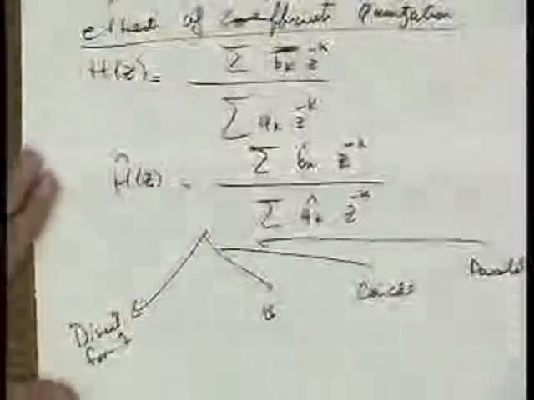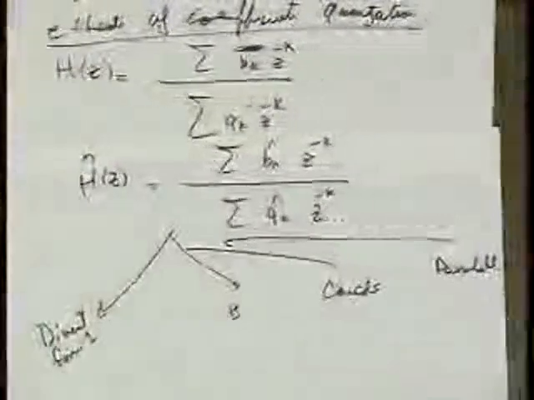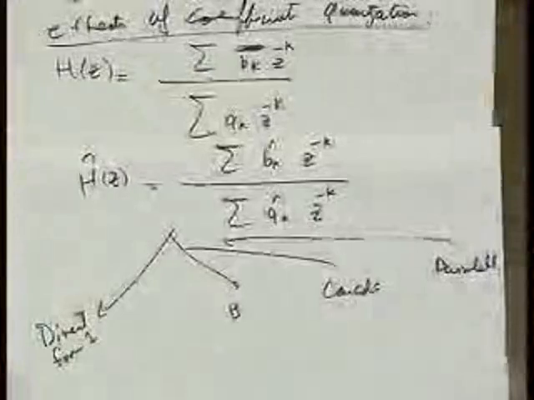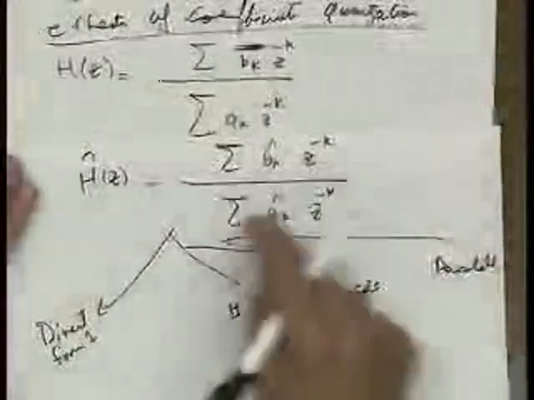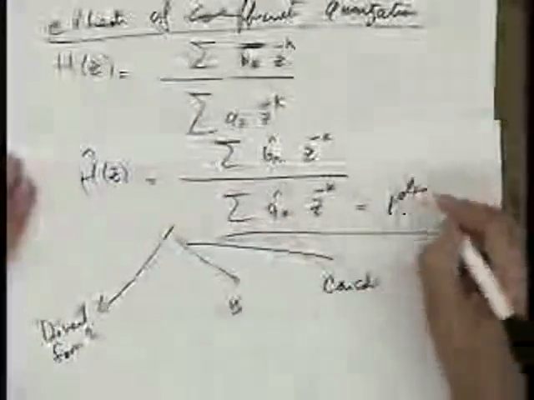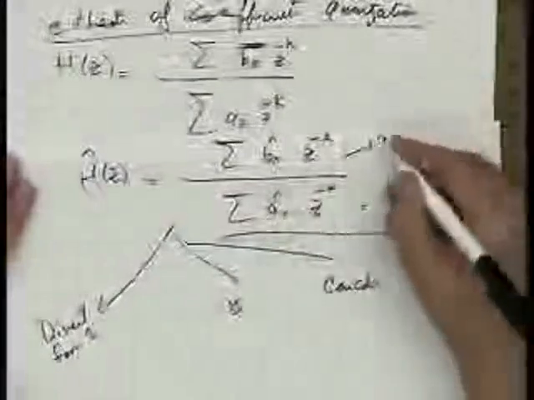Why are we talking about all these things? And the answer is direct form 1 and 2 are highly sensitive to coefficient quantization. Why? Well, think of the denominator. This has a whole bunch of poles, right? And the numerator is another polynomial that has a whole bunch of zeros.